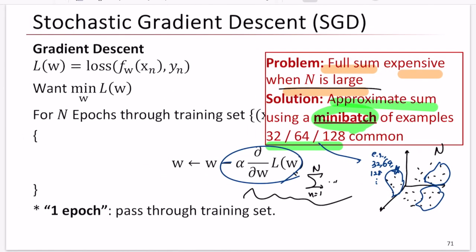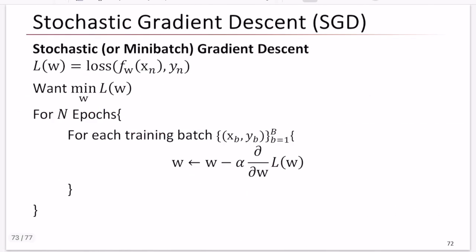That's going to be our new strategy. From now, we will call this stochastic gradient descent, or mini batch gradient descent, or just SGD. This is an advanced version for updating your neural network, but the philosophy is exactly the same as gradient descent.